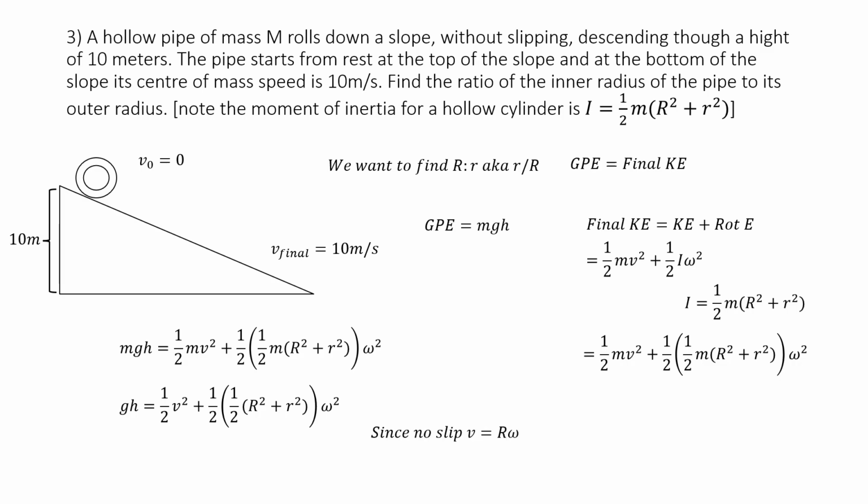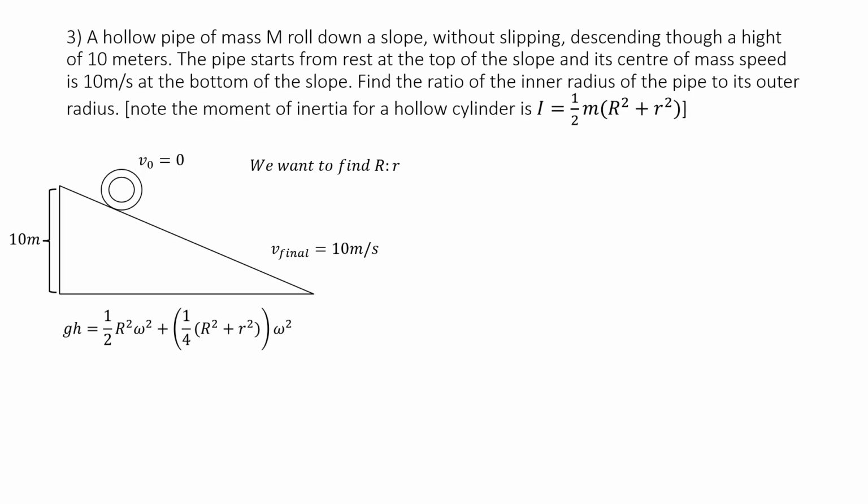But notice that because we're not slipping, our velocity is equal to the radius of the pipe times the angular velocity. So we can sub this into our v squared at the start, which gives us 1 over 2 R squared omega squared at the start.